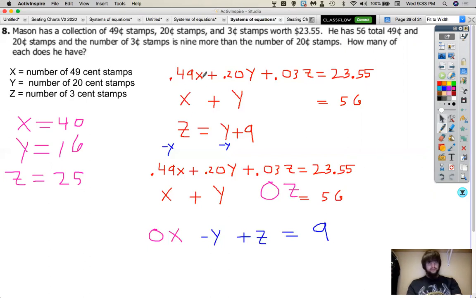So if you keep it in the right order, X, Y, Z, X, Y, Z, X, Y, Z equals constants, you can just type it in the calculator and be done with it for application problems. So yeah, try the homework. If you've got any questions, message me on Google Classroom. That's it.